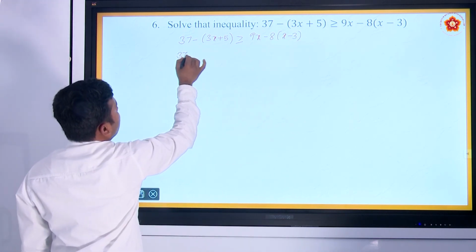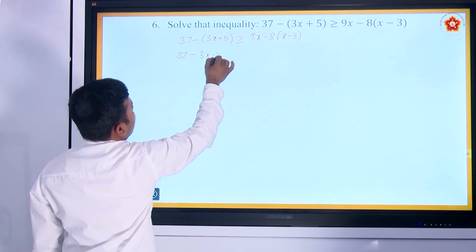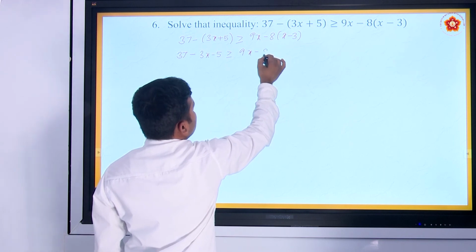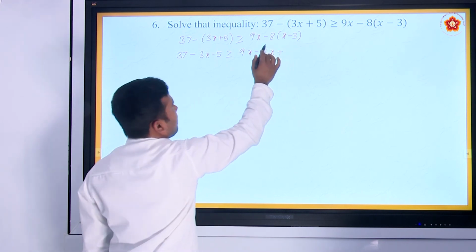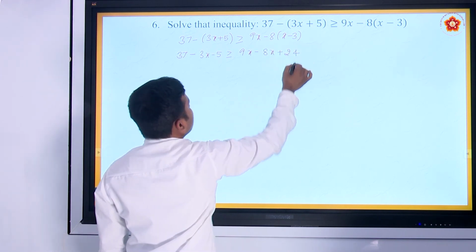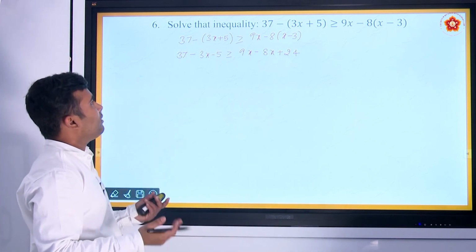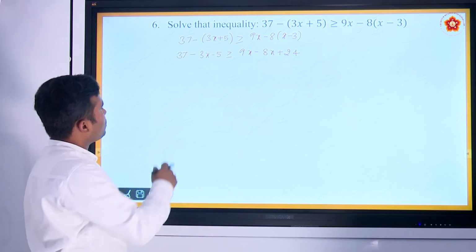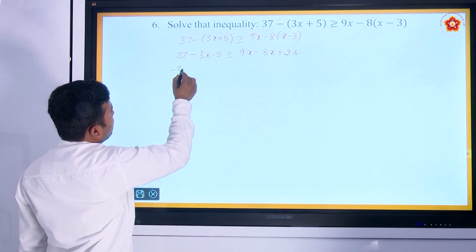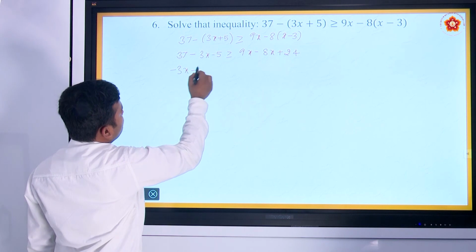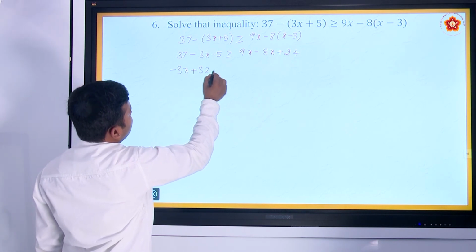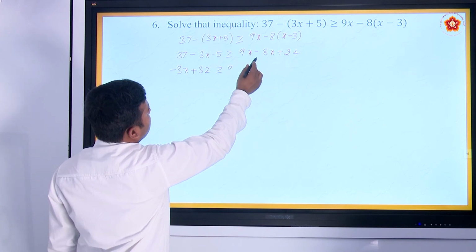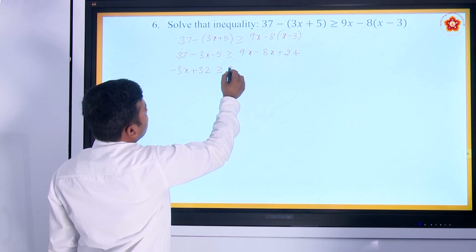Now 37 minus 3x minus 5 is greater than or equal to 9x minus 8x plus 24. Now if I add plus 8x on both sides and simplify this, minus 3x plus 37 minus 5, which is plus 32, is greater than or equal to 9x minus 8x, which will be x.